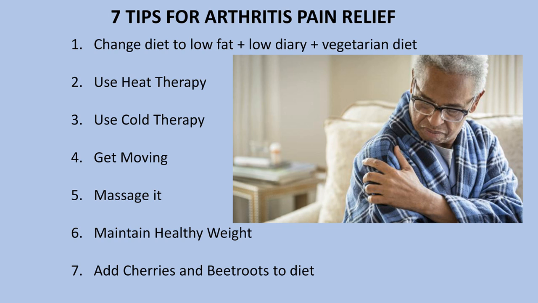Number 1, as I've been talking about, I believe wholeheartedly and based on scientific research that a low fat, low dairy, and vegetarian diet combined with non-rigorous physical activity, so just walking, taking a nice walk, nothing aggressive, provides the best chance to reduce osteoarthritis later in life and even help those who already suffer with this condition.